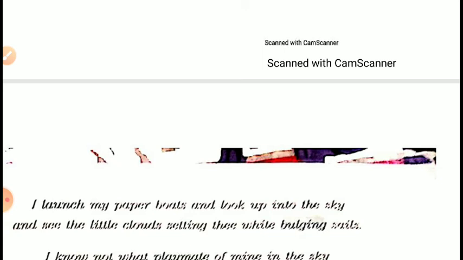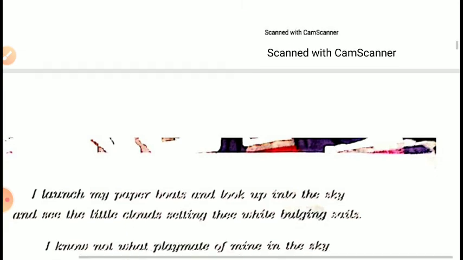The child thinks that he has an unknown friend in the sky who has sent the clouds, the little white bulging clouds. Why? So that the clouds sail up in the sky and the boat sails down in the stream. And there is a competition between the clouds and the boats. They are having a race to see who gets ahead, clouds or boat. So he imagines that another friend from the sky has sent those clouds to compete with his boats.